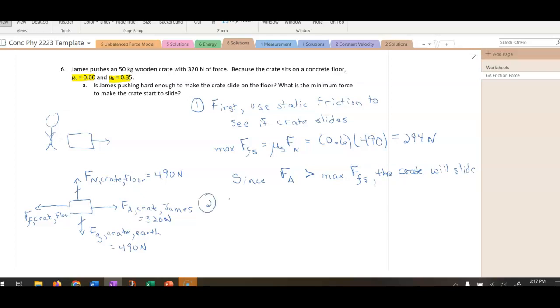So now, because the crate is sliding, I'm going to use kinetic friction to find the acceleration.